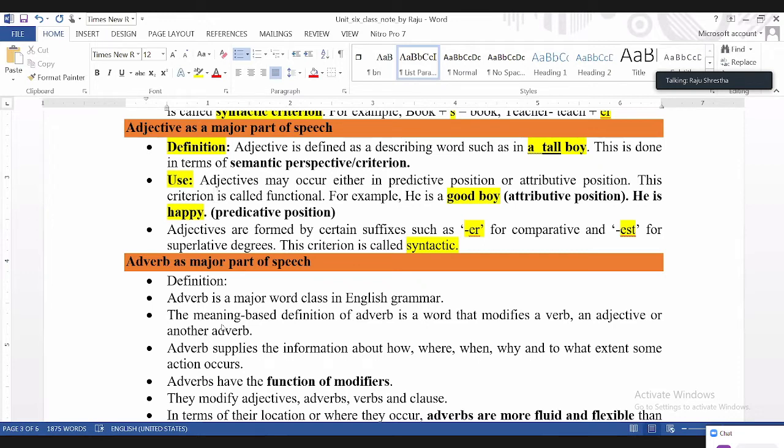He is happy. He is good हैन. He is good पनि भन्न सक्यो नि. He is good boy हैन. He is good मात्र भन्न सक्यो.